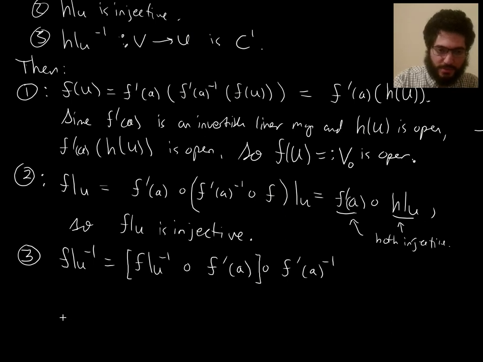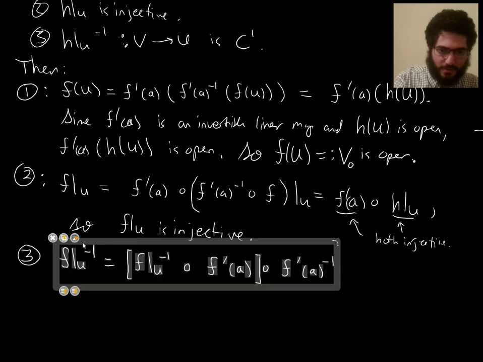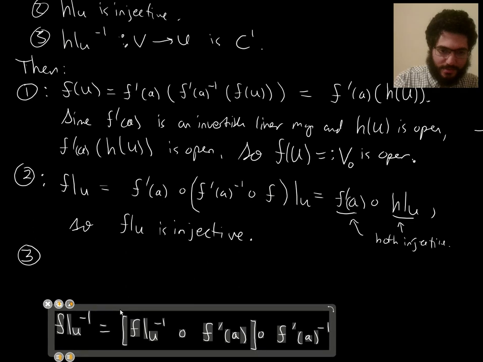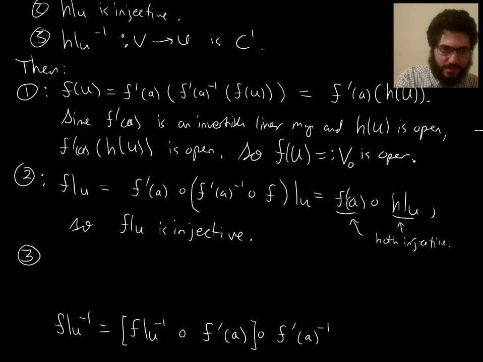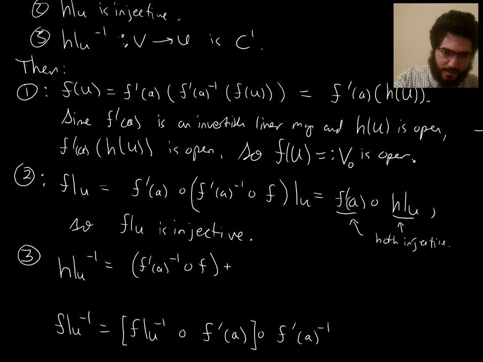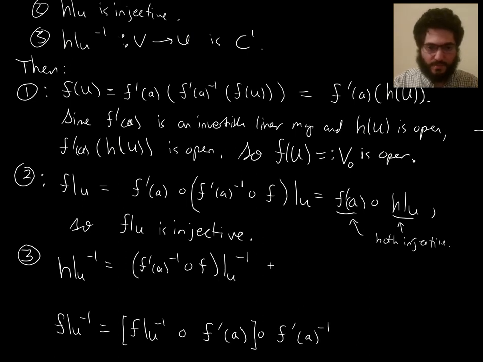So maybe, before I try to do this all in one go, let me move it down and first think about what is h restricted to u inverse. It is f prime of a inverse composed with f, that's h, right, restricted to u inverse.